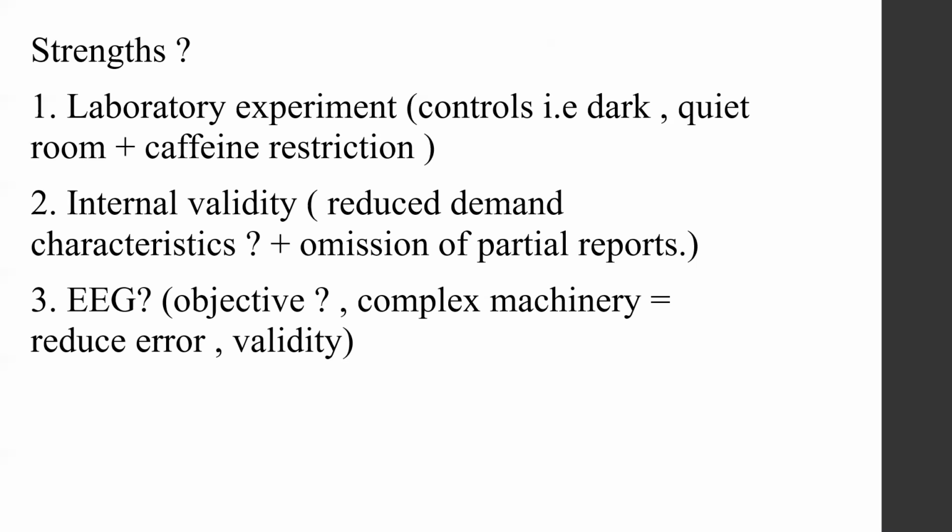Again, why was EEG a strength? This is similar to the point I made about fMRI in Canli et al.'s research. It is complex machinery, which basically allows them to investigate dreaming objectively. Why is it objective?